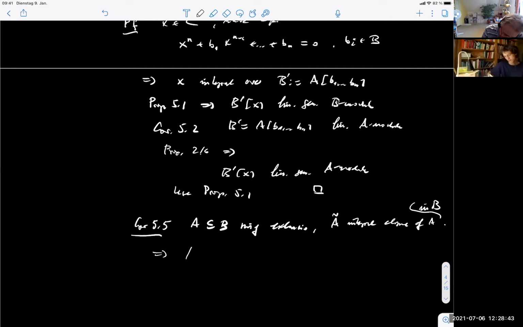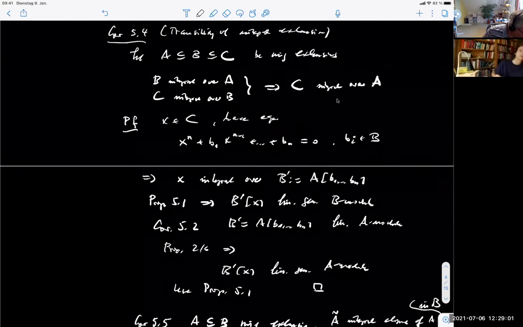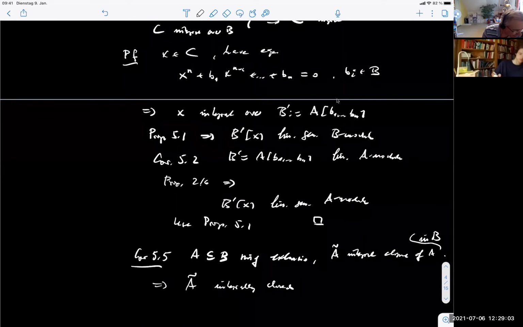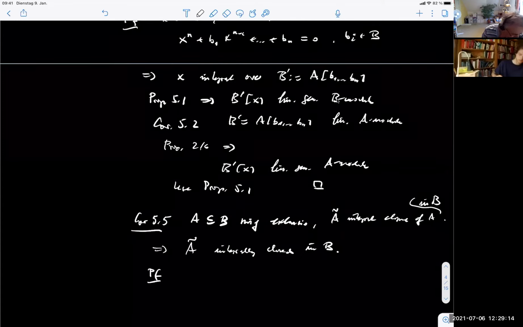Then A twiddle is integrally closed in B. And the proof, there's not much to prove. It's in a way trivial. I think I don't put the proof.